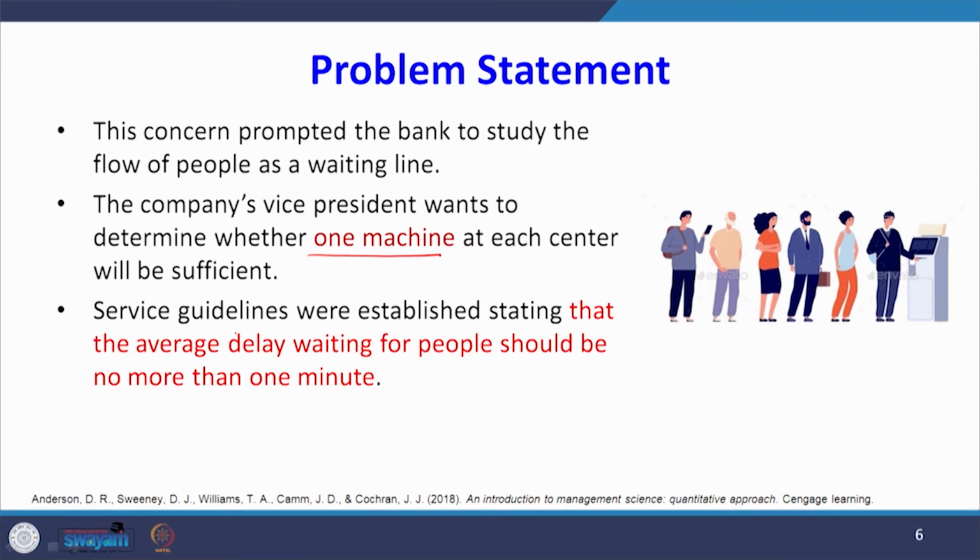The service guidelines were established stating that the average delay waiting for people should be no more than 1 minute. So, the service requirement is that the customers of that bank should not wait more than 1 minute. That means they can wait a maximum of 1 minute.